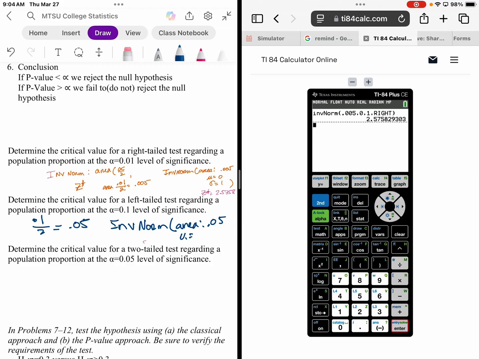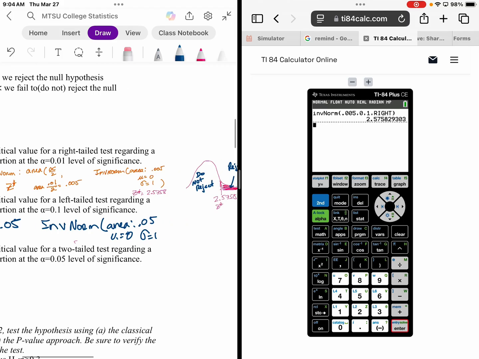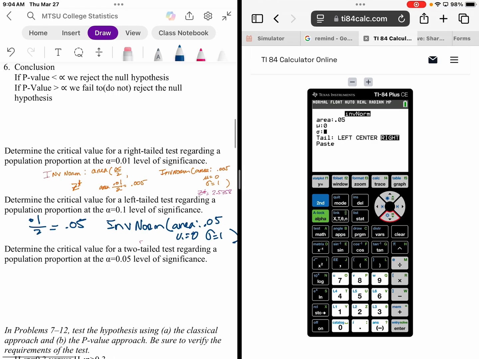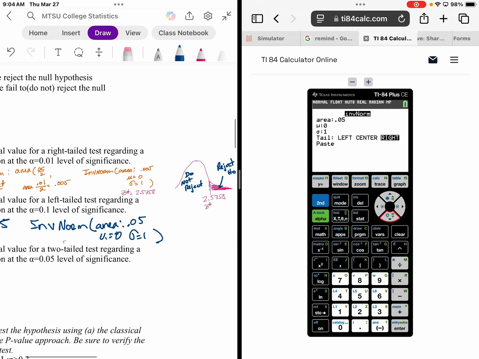My mean is 0, and my standard deviation is 1. Then we'll go second vars, inverse norm, 0.05. Leave the rest alone. What type of tail are we doing? We're doing a left tail. So we'll go down to left, hit enter.